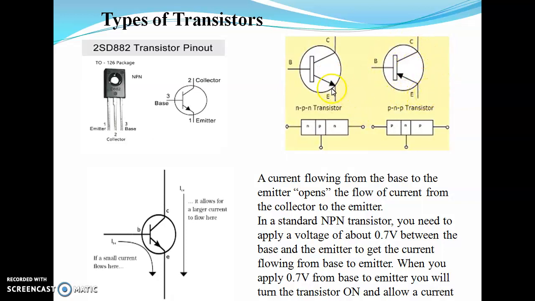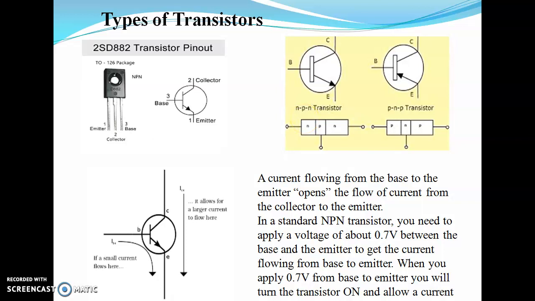You can see the difference between the arrow in case of NPN and in case of PNP. So this was about transistor, its symbol, and the difference of symbol between NPN transistor and PNP transistor.